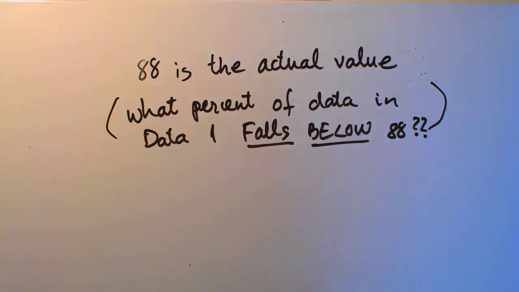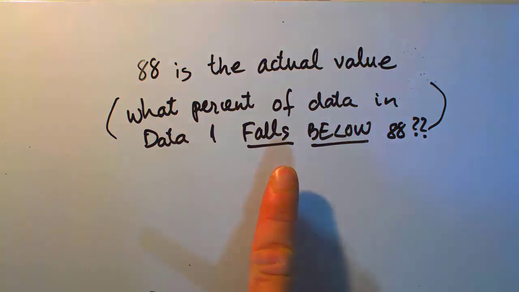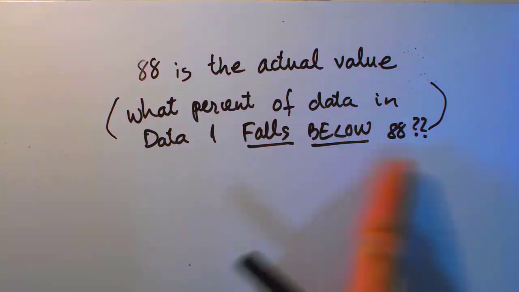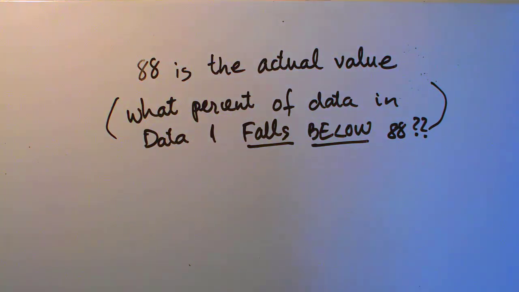If we stay close to the definition, what you can see here is that 88 in your data 1 has quite a few repeated values. But no worries. The definition stated that we're looking for the percent of data that falls below 88, so you don't need to worry about how many times 88 is repeated.